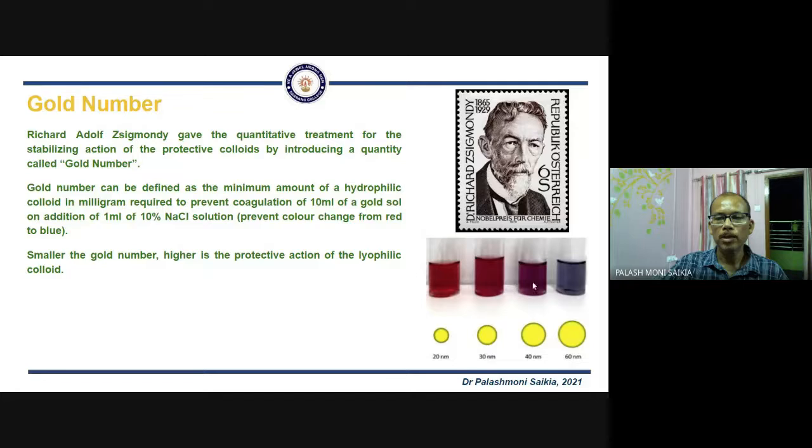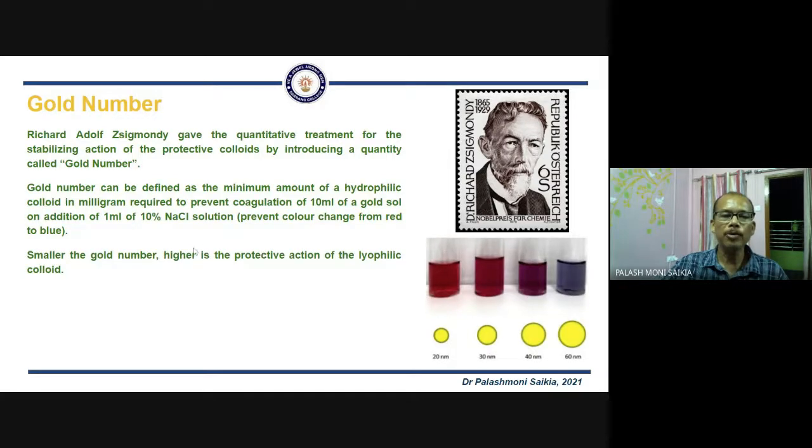So the quantitative aspect: the minimum amount of a hydrophilic colloid that can prevent the coagulation of gold sol when we add 1 ml of 10% NaCl to 10 ml of gold sol. If you take 10 ml of gold sol and add 1 ml of 10% NaCl, it will immediately become blue.